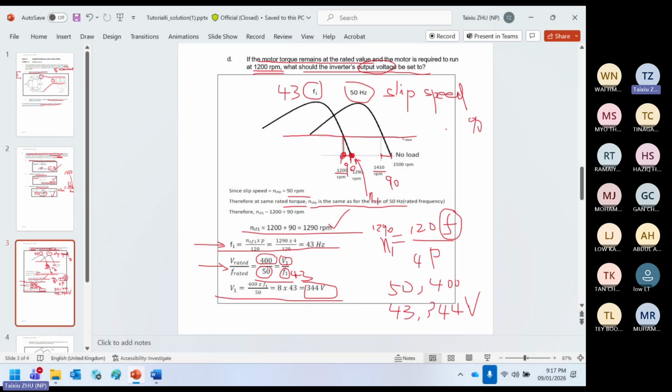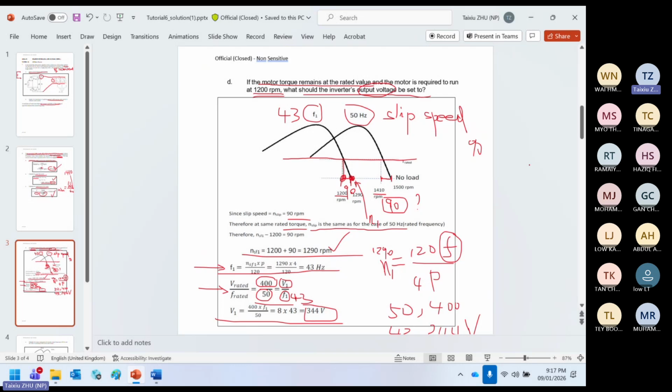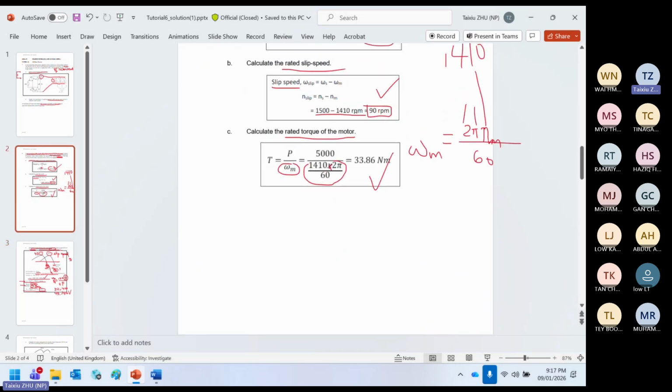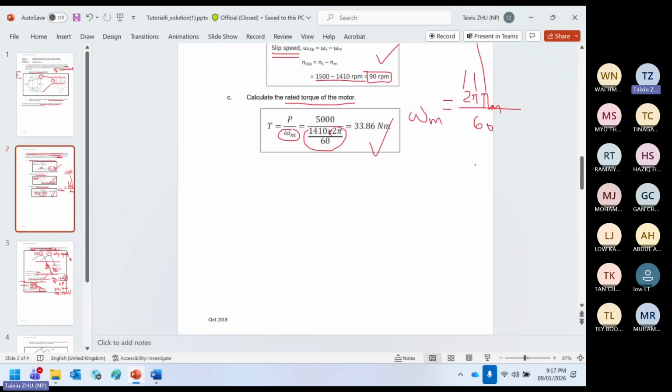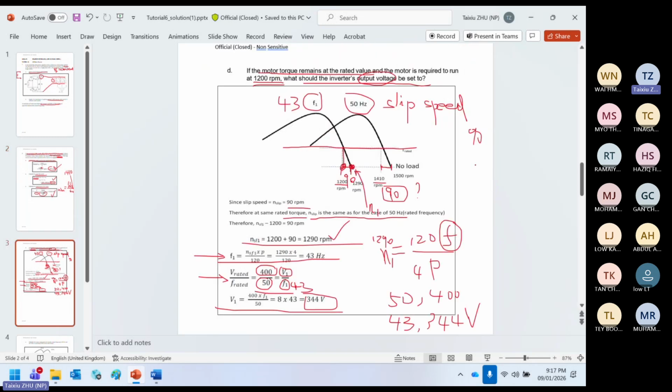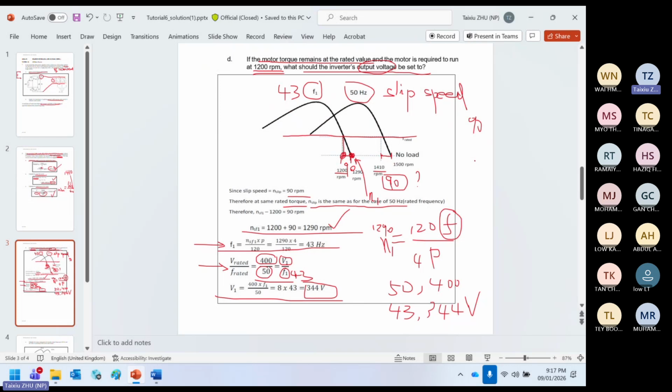The theory is this: when the motor is powered by a 50 hertz supply, you have the slip speed of 90. You know how to get the 90, right? It's the difference, from the previous example. You have to remember this slip speed. So at 50 hertz, we get 90 RPM. But now, because your motor slows down, you have to reduce the frequency.